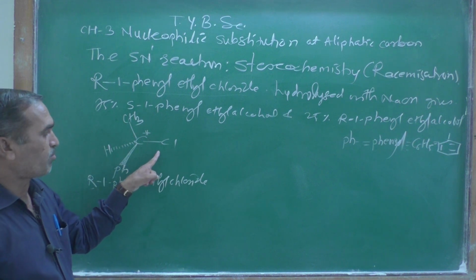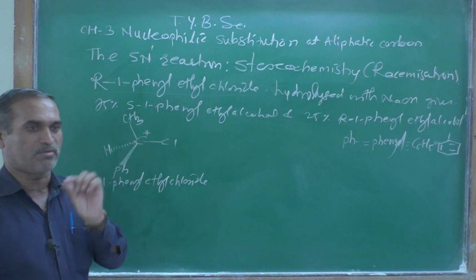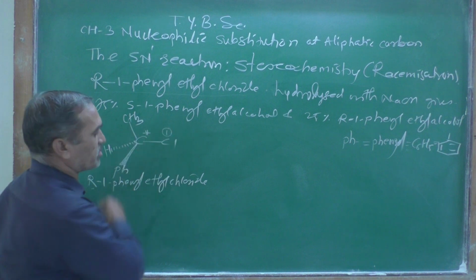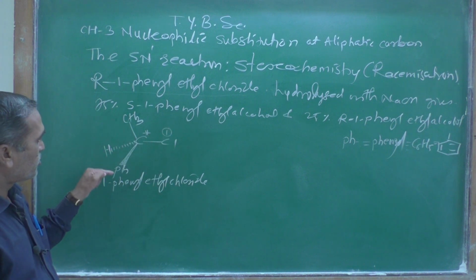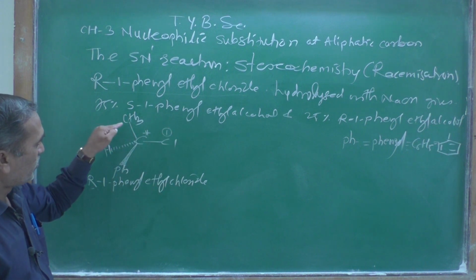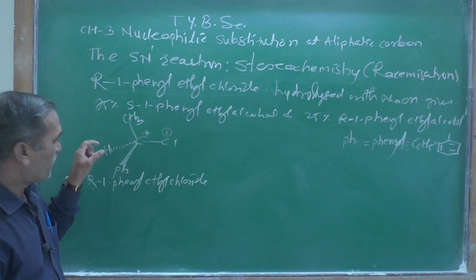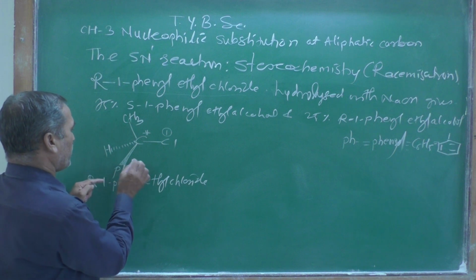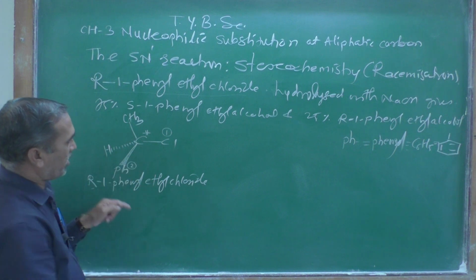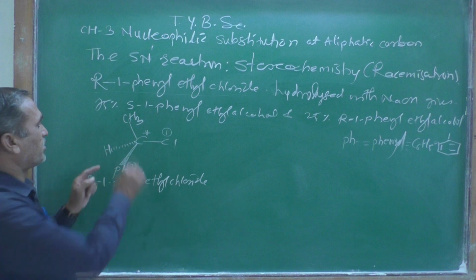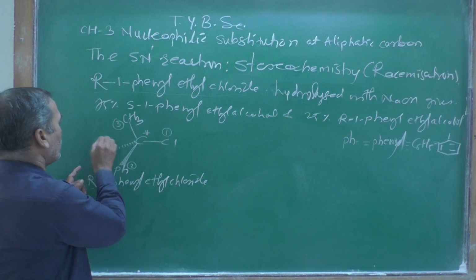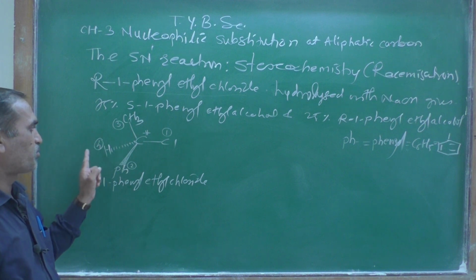Chlorine is the highest, with atomic number 17, and therefore it gets the first priority. Now among these two, which one is bigger, methyl group or phenyl group? Phenyl group is bigger than the methyl group, and therefore it gets the second priority. Methyl group gets the third priority, and the hydrogen atom gets the fourth priority.